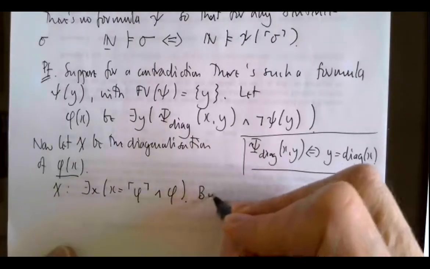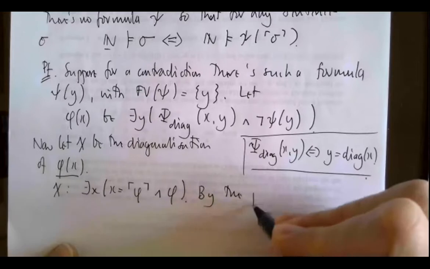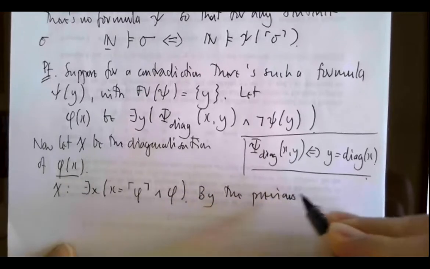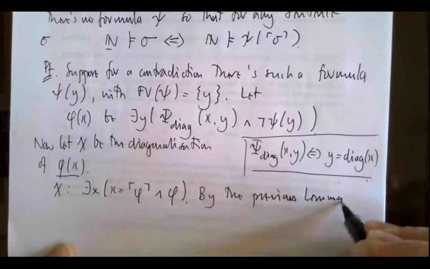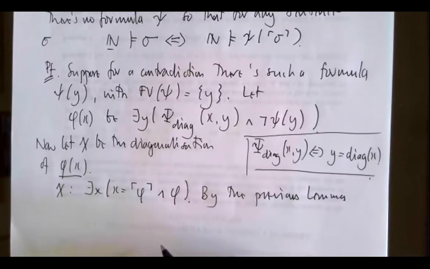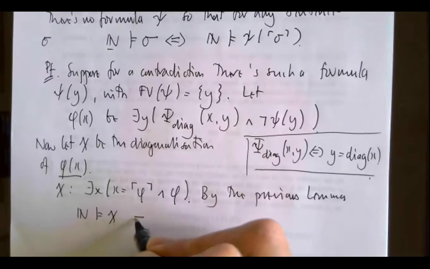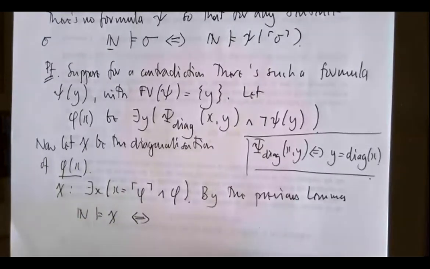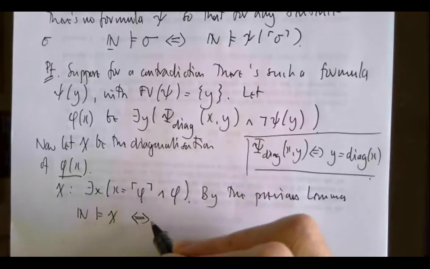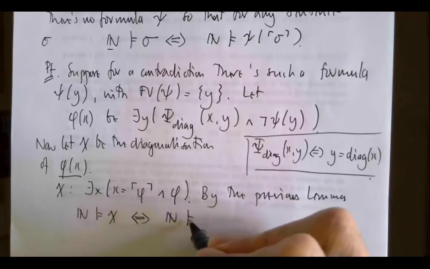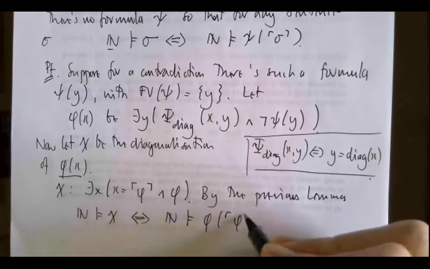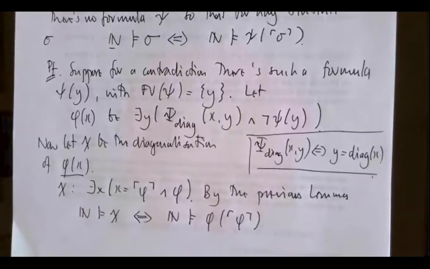So by the previous lemma, I've got that chi comes out true in N if and only if phi holds of its own Gödel number here.